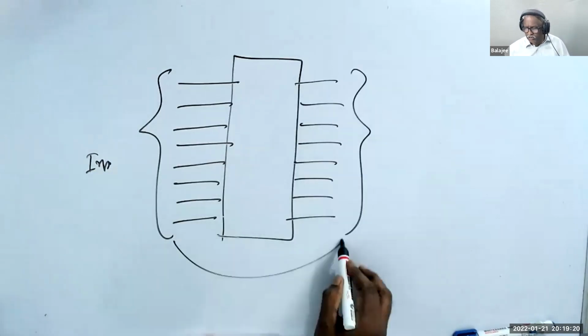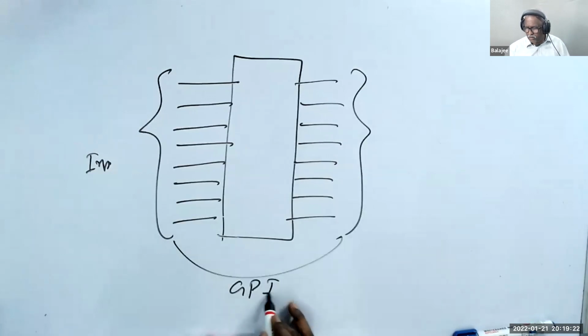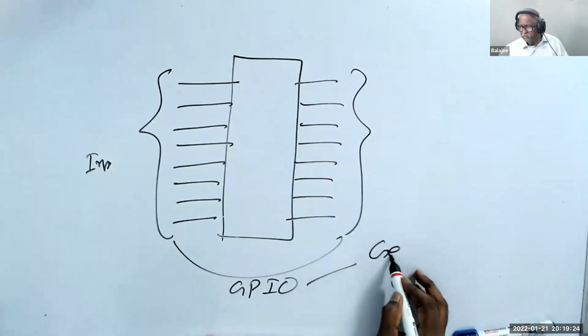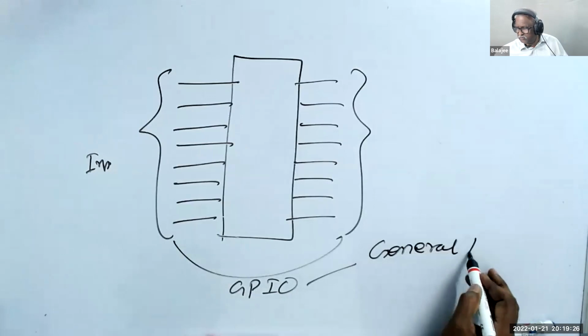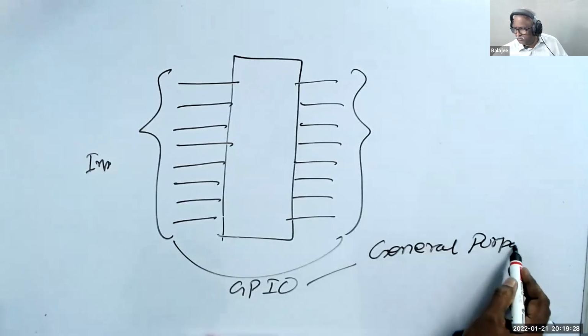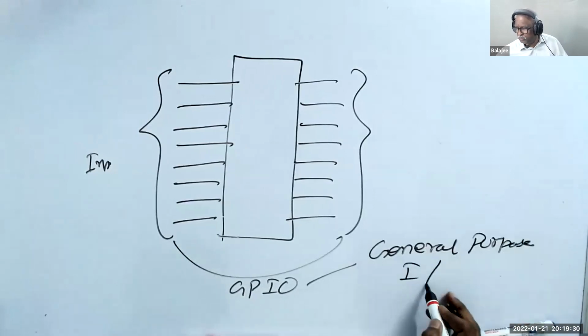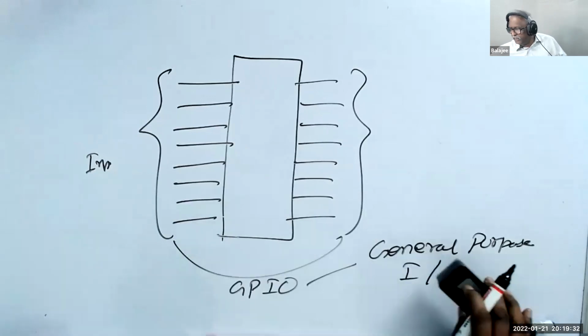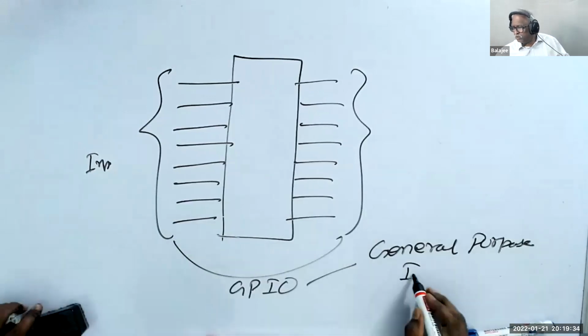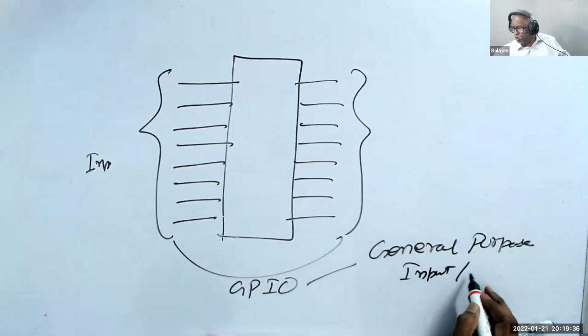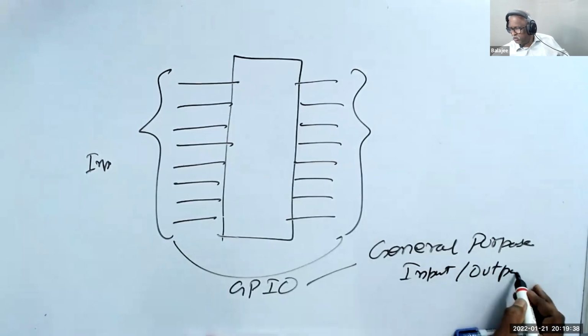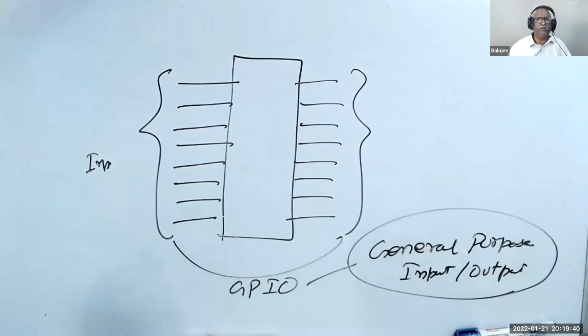These are called GPIO, general purpose input output. Understand this. This is all about GPIOs.